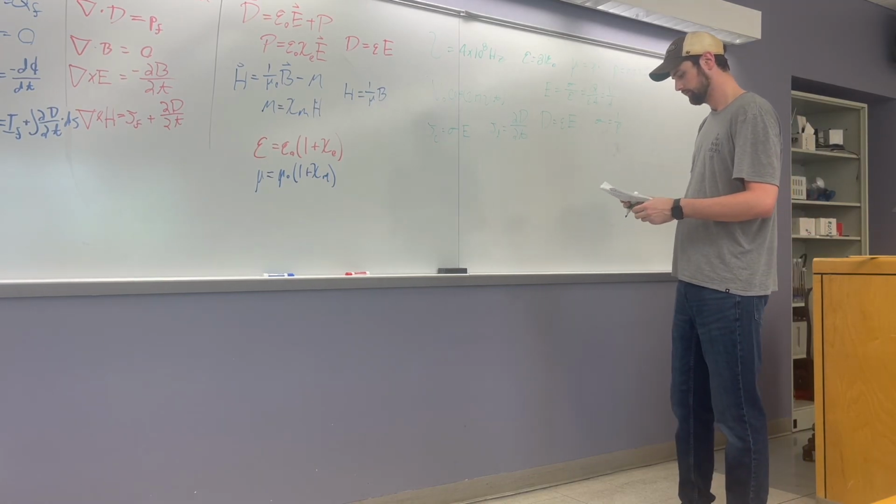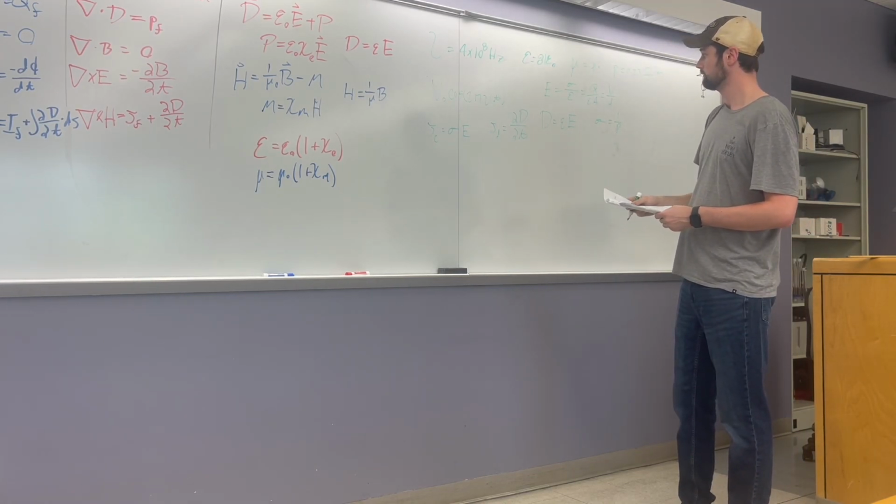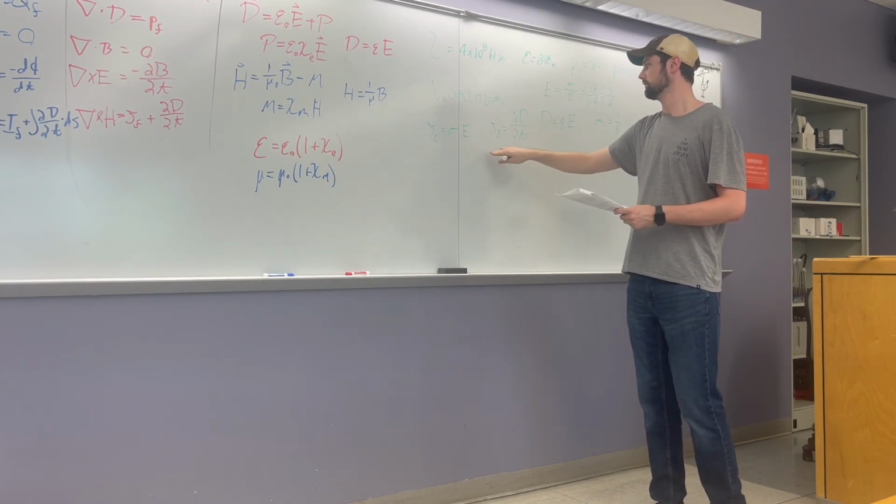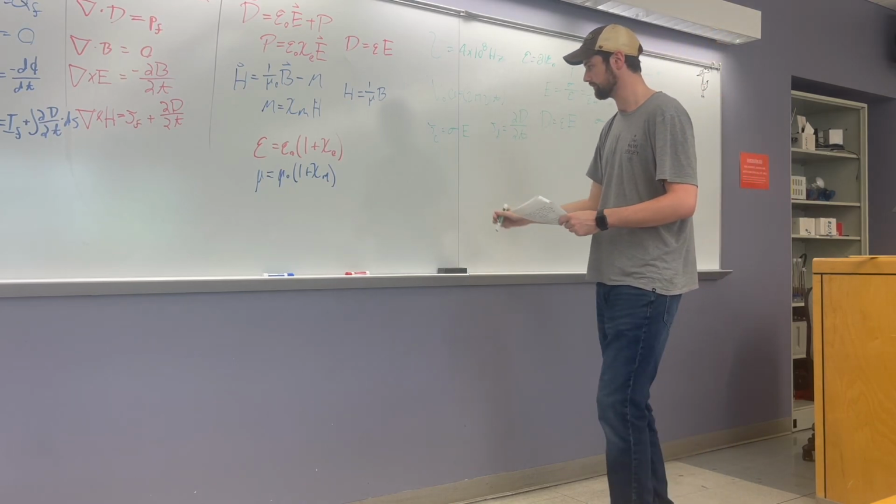And so, to solve this, we now just need to basically plug and chug. We have J sub C, J sub D. We've got to solve for J sub C as follows.